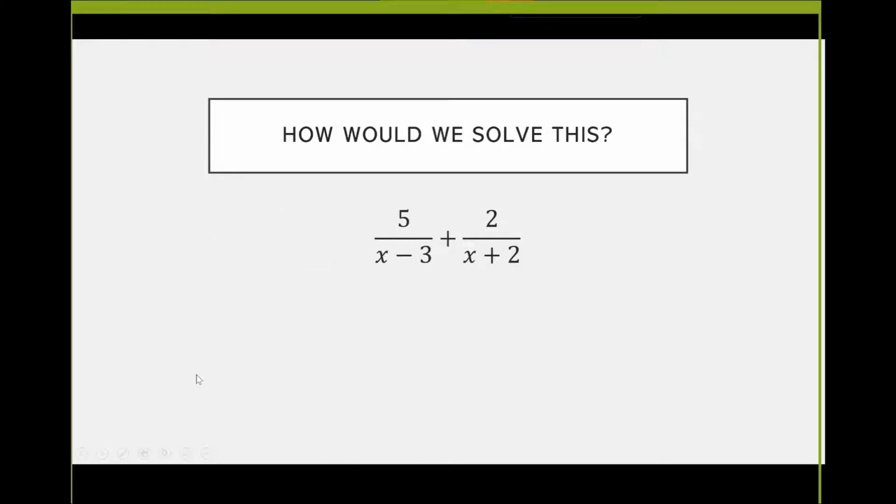So I'm gonna start with this. If I wanted to solve this sum, what would I do?